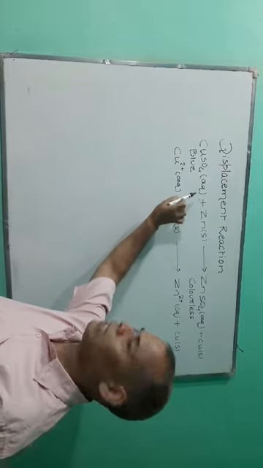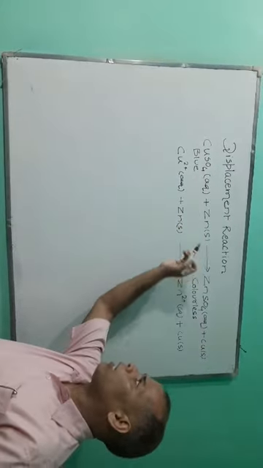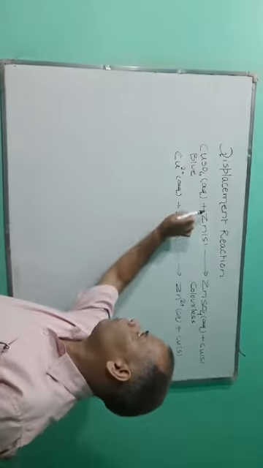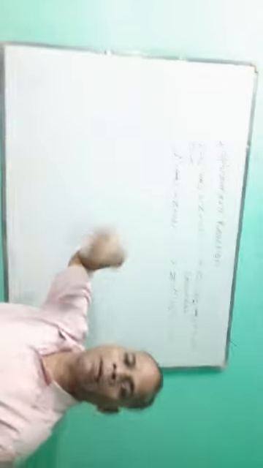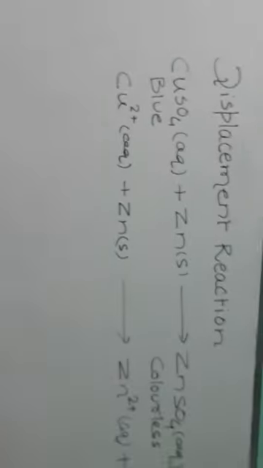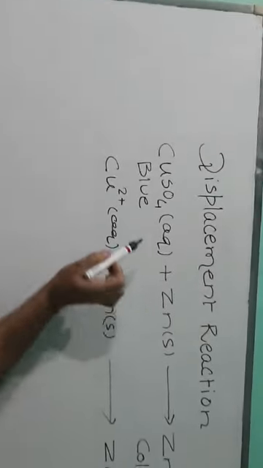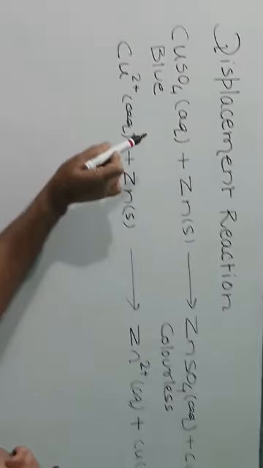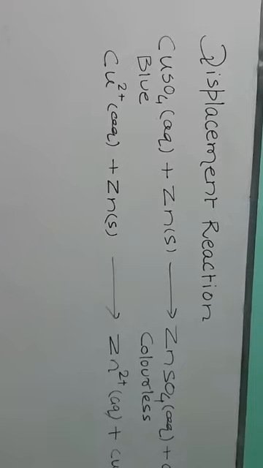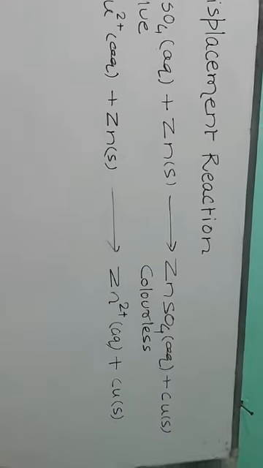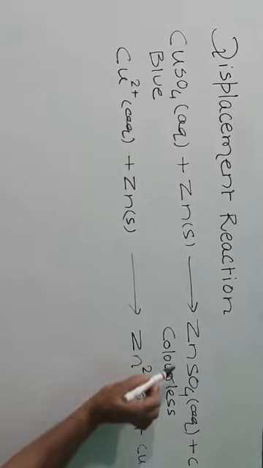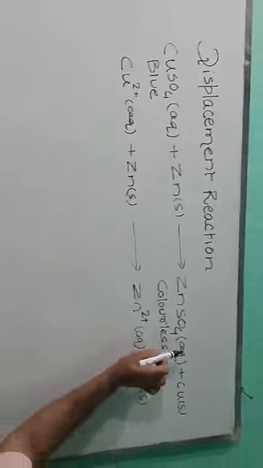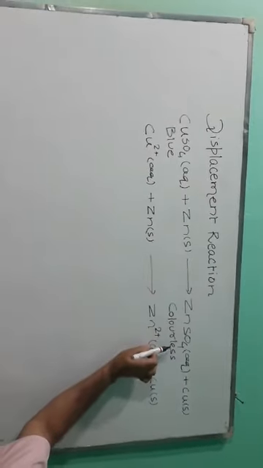When zinc metal is added, after some time we see that the blue color of the aqueous solution of copper sulfate gradually starts to fade and forms zinc sulfate, an aqueous solution which is colorless.